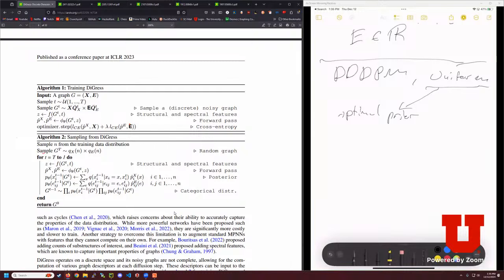And then you get some posterior distribution.